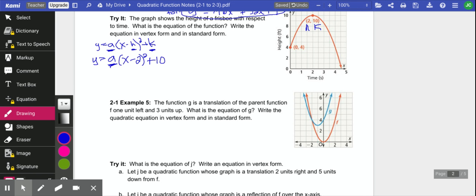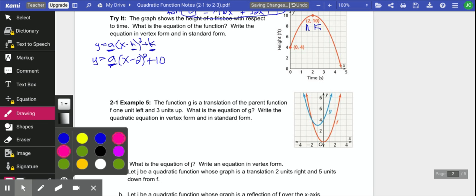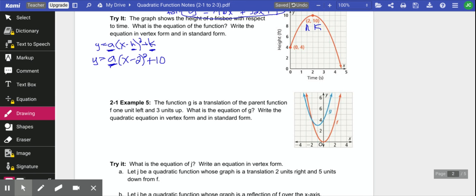Now, we still don't know a. To find a, we are going to have to plug in another point. And they were so kind as to give us another point. Right there it is, x, y. So we'll plug that in. So y is 4. We don't know what a is. x is 0. We know h, and we know k.